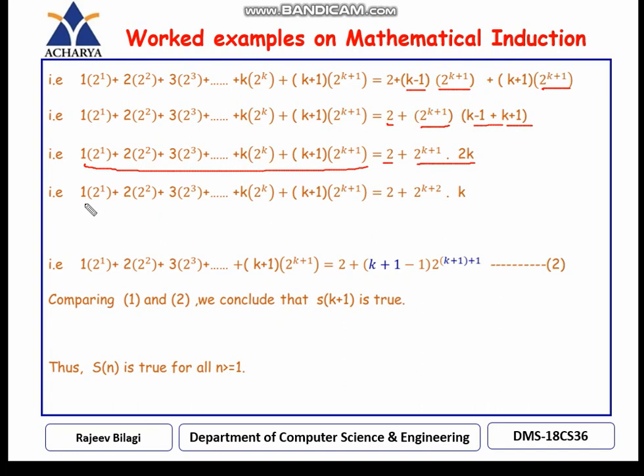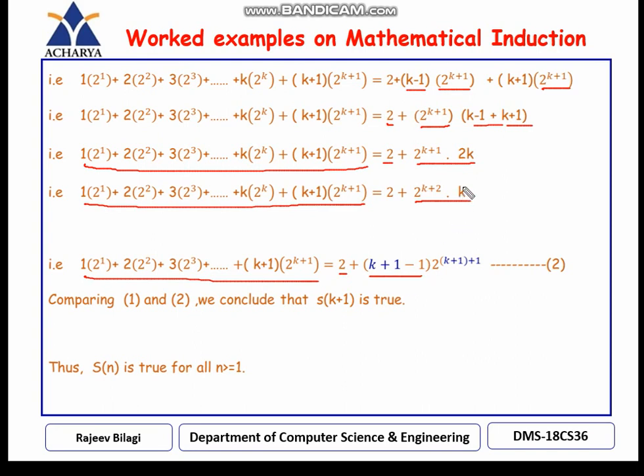So now I can write, this is the LHS part, 2 plus 2 to the power of k plus 1 into 2k, that is 2 to the power of k plus 1 into 2, so 2 to the power of k plus 2 into k. So now what I got is, for the given problem, wherever I have k, I got it as k plus 1.